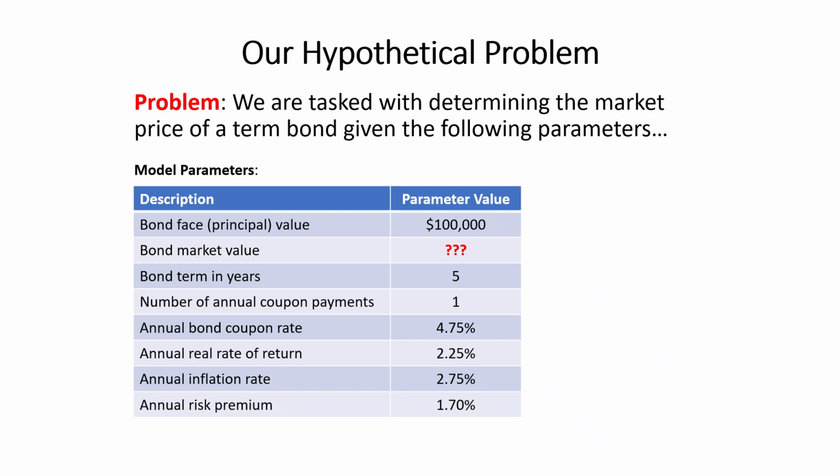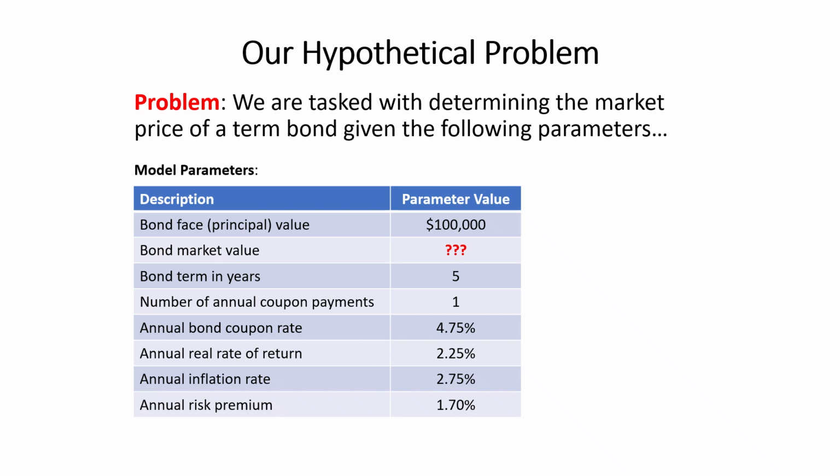The Fed's inflation goal is around 2%, but the most recent inflation print as of June 2026 has been a little north of 4%. But for now, we'll use an inflation rate of about 2.75%, which is somewhere between those two goalposts. And we'll assume that the annual risk premium is 1.7%.